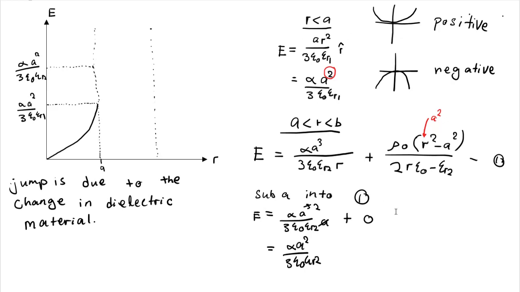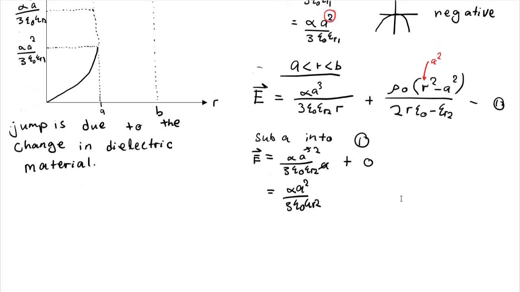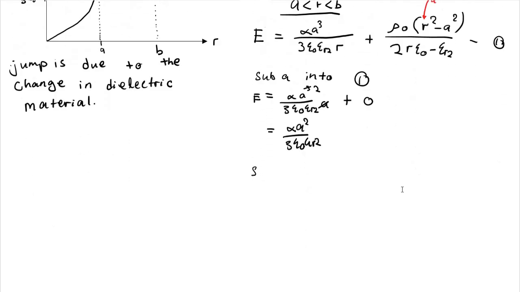So to find how the shape will look like and at what point it will be at B, we can look below, where we sub B into 1, and from here we would get something like this.